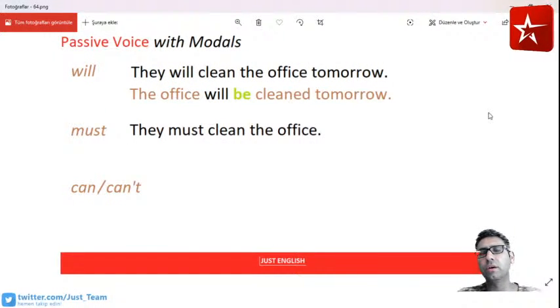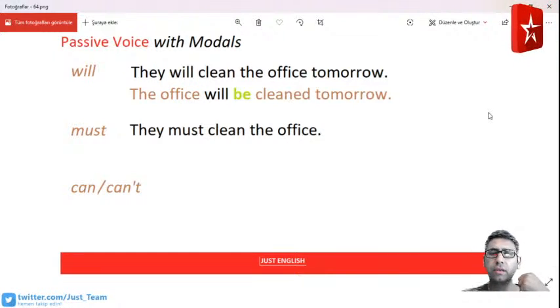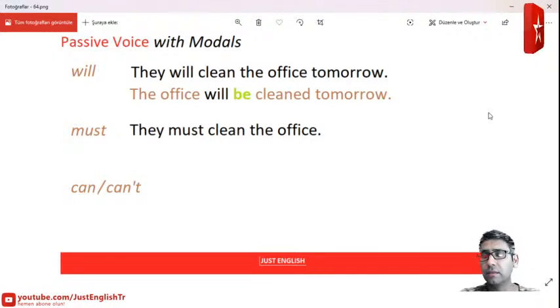They must clean the office, okay? So here we have must, it's not will anymore. How do we change it? Again, we have must, so we keep it, right? But before all that, I need to find the subject of my sentence.